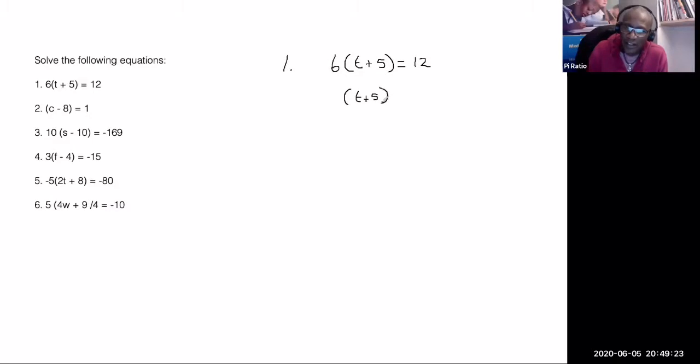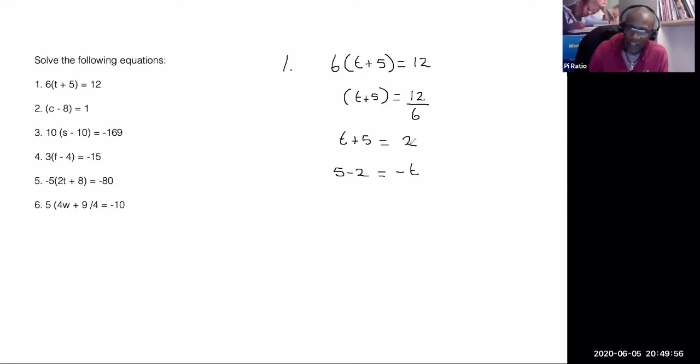All right, t plus 5 is equal to 12 divided by 6. So that means that t plus 5 is equal to 2. So that simply means that 5 minus 2 is equal to minus t.